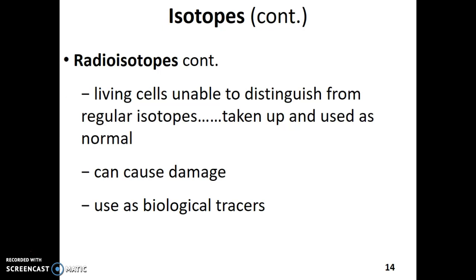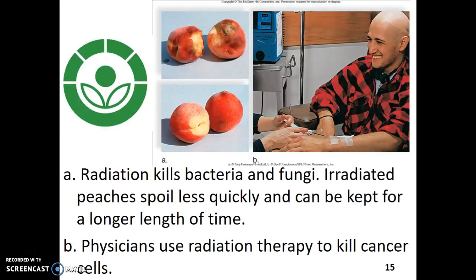And we can use these radioisotopes to identify tissues that are mutated. We can use radiation to kill off tissues that have started to grow out of control, like cancer tissues. And so what do we do with this radiation or these radioisotopes? We use radiation to kill damaging cells.